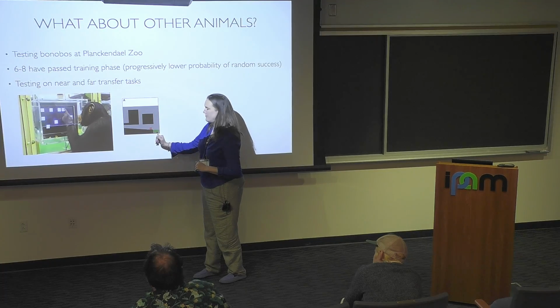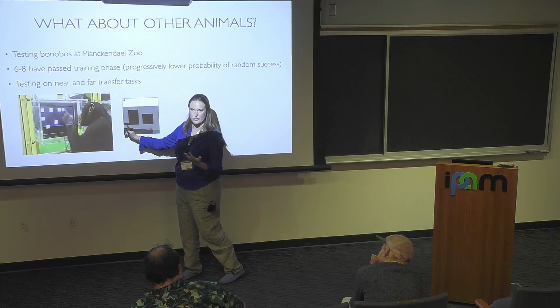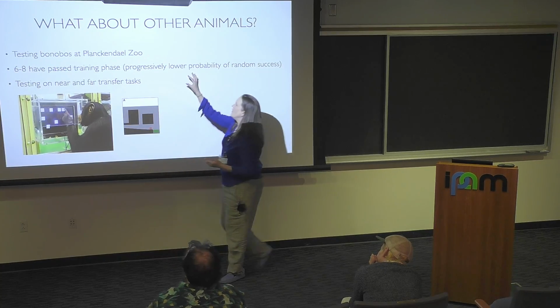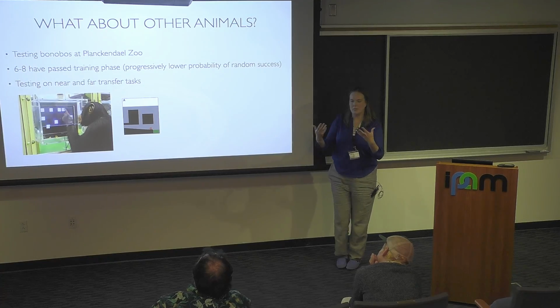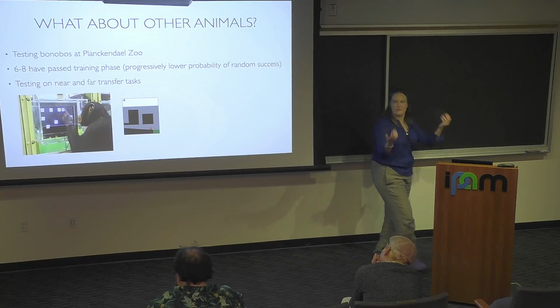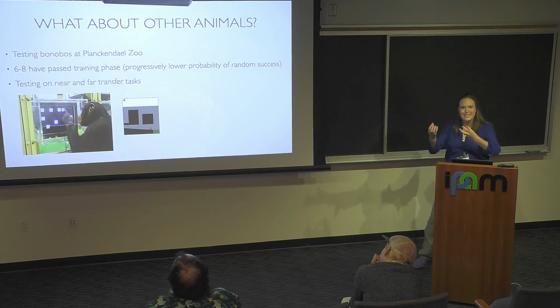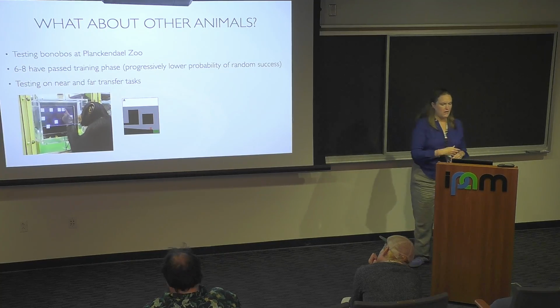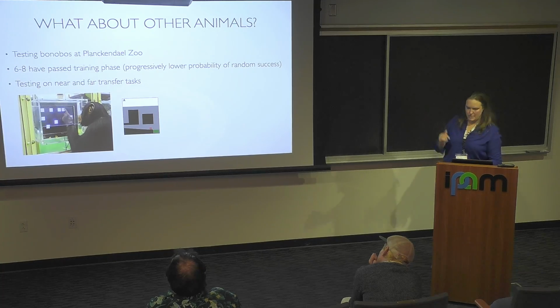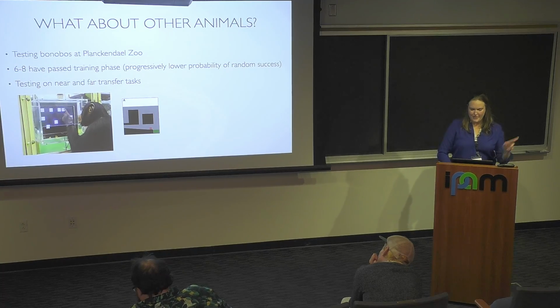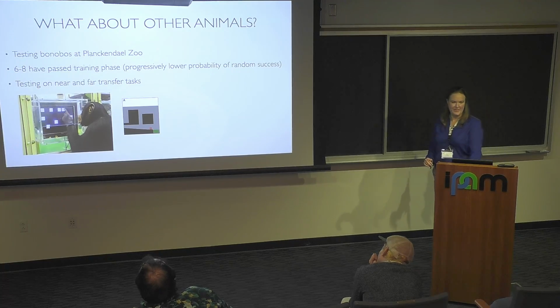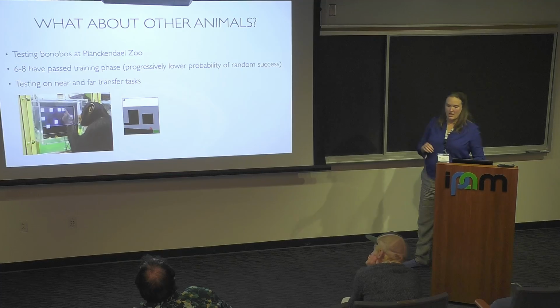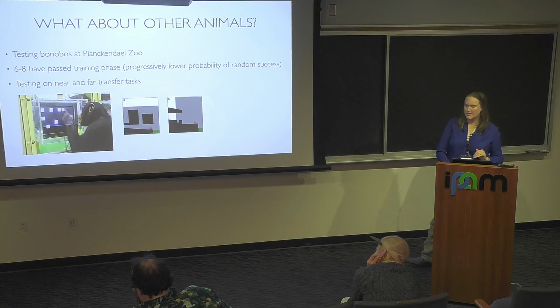If you drop it here, the tool falls into the green goal, it doesn't make contact, and if you drop it here, it's like a trap tube task. And so what we've done is we've started by training them on things where they're 100% successful and lowered it to 90 and lowered it to 60 and lowered it to 40. And right now we have 6 to 8 bonobos, hopefully 8 by the end of this week, past 40%. And now we're testing them on near and far transfer tasks.